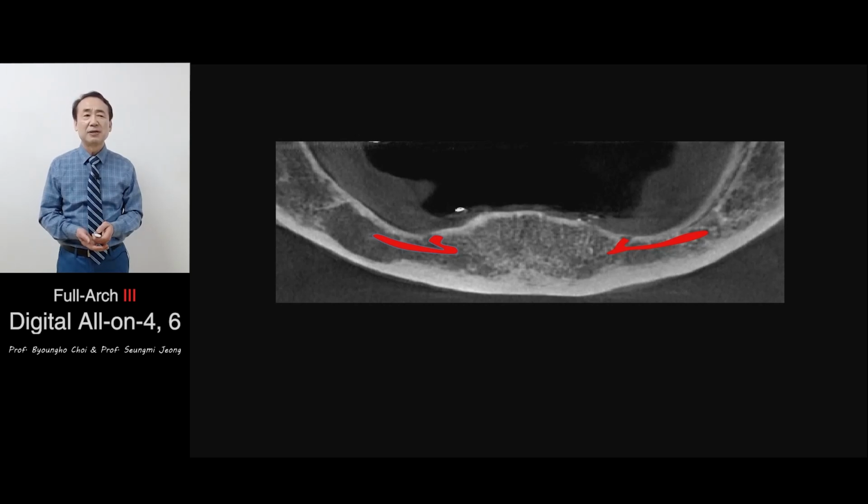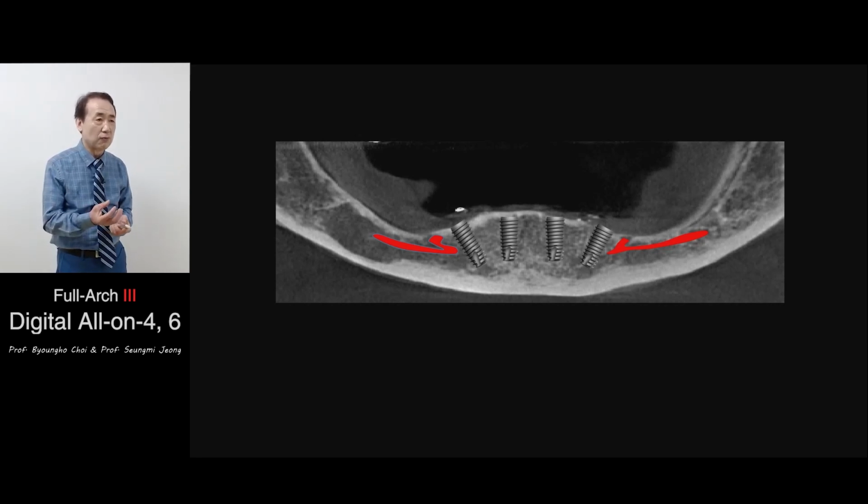But in a severely atrophic region, if you can't place 6 implants, this All-on-4 implant treatment can be a good option.